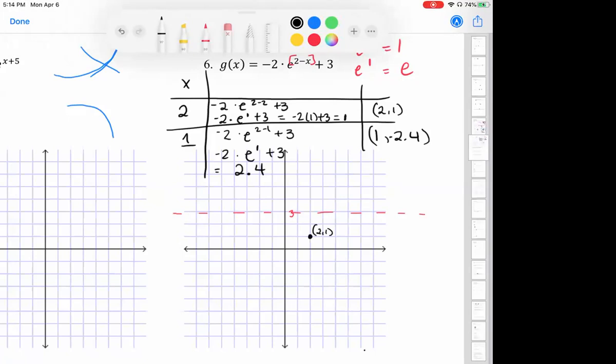So I have 1 and -2.4. So we have one going towards our asymptote and the other one pulling away. So this gives us our exponential function.